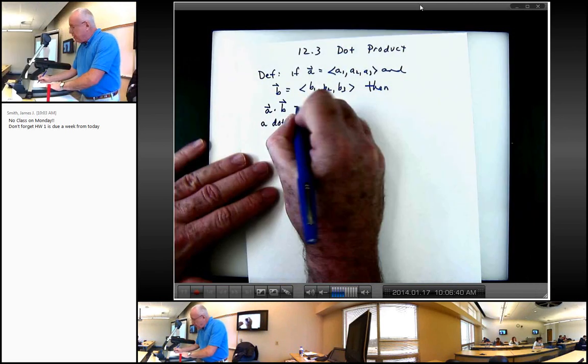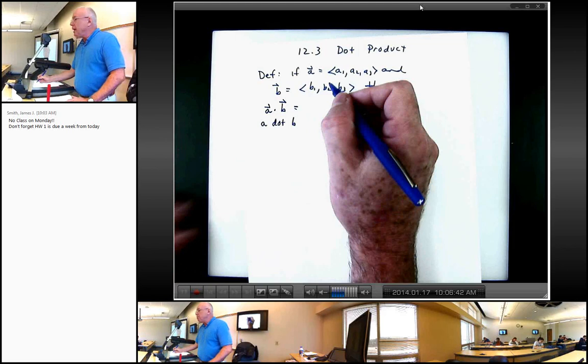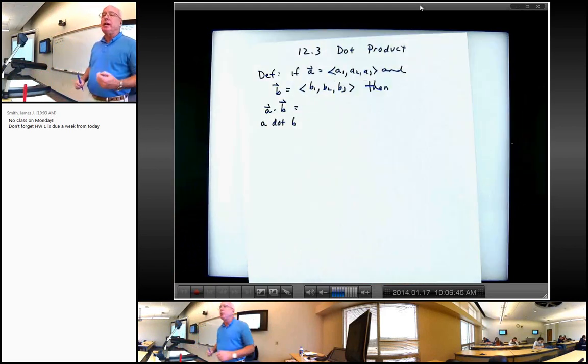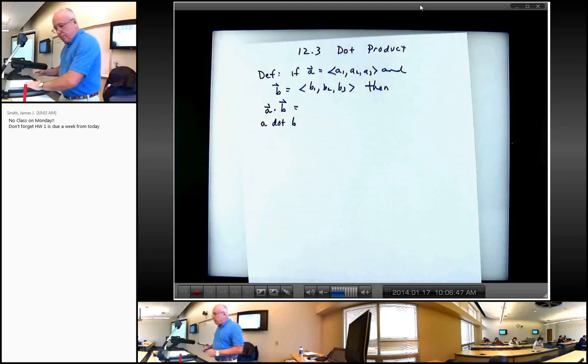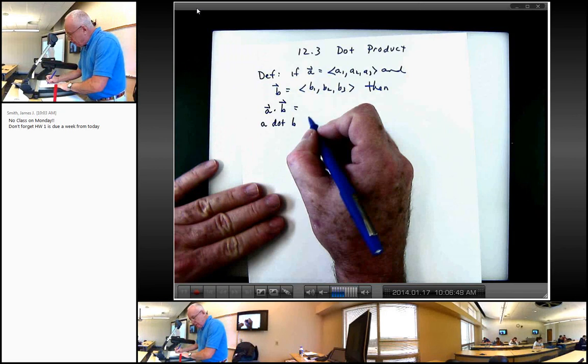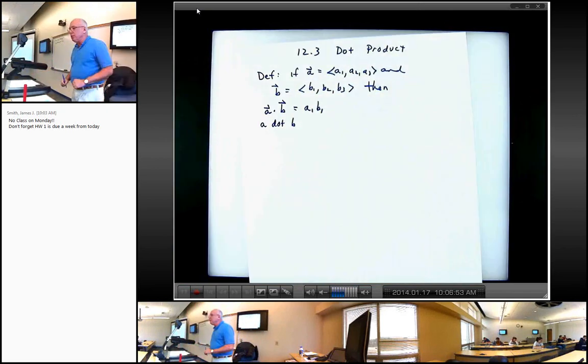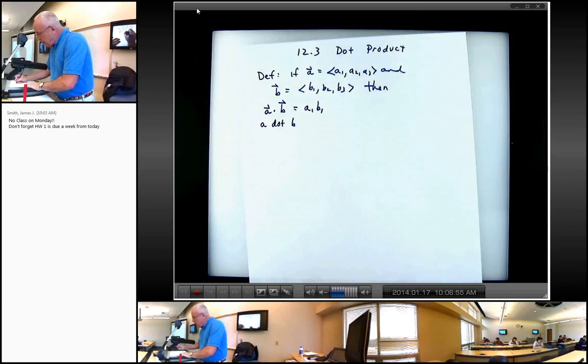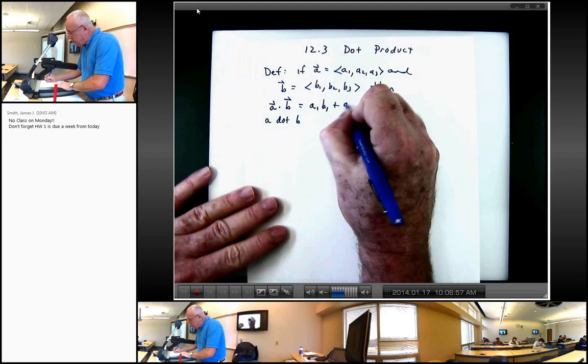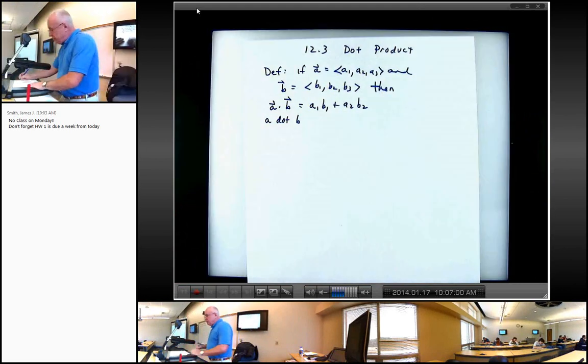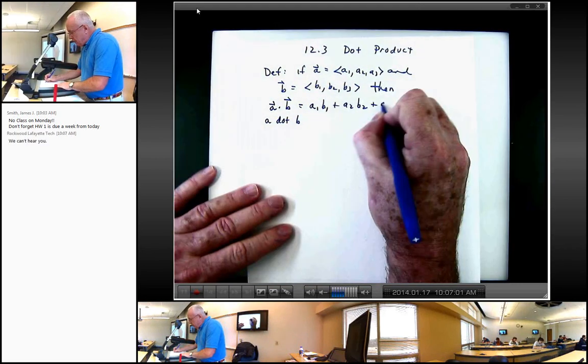We multiply the individual components together and add everything up. So it's going to be equal to A1 times B1, multiplying the first components together, plus A2 times B2, the second component, plus A3 times B3.